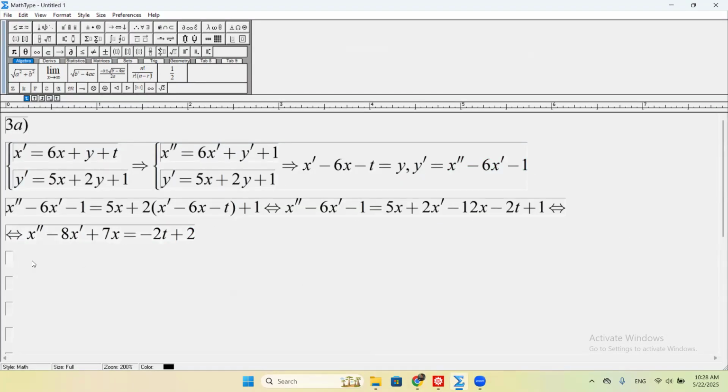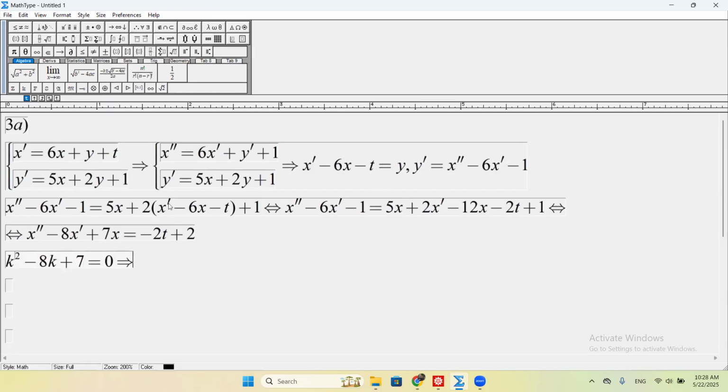So we received the linear inhomogeneous equation, and we will find the solution as we did before: the sum of the solution of the homogeneous equation plus a partial solution. So now solving the homogeneous equation. k square minus 8k plus 7 equals 0.